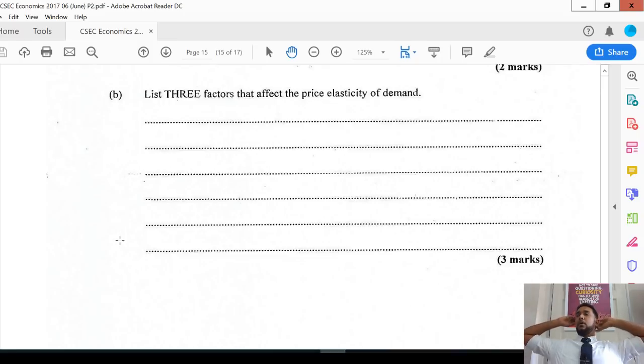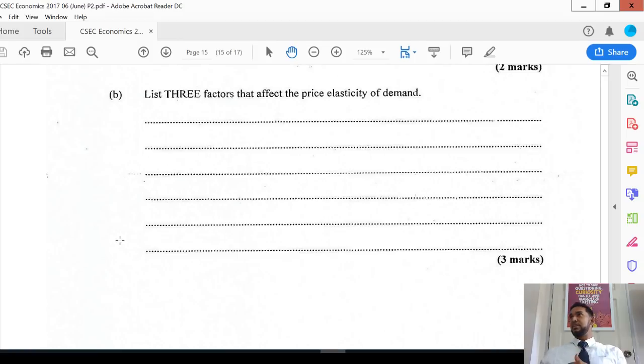I have an acronym I made up. It's not a very good acronym, but it's LENNSH. Luxury: if the good is a luxury or not. The amount of expenditure on the good: if it's not much expenditure and there's a price change, you're not likely to decrease demand by much.